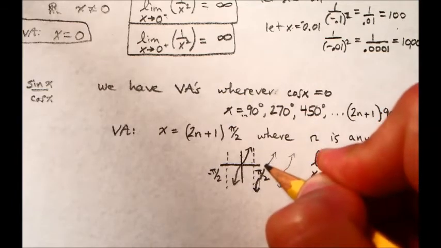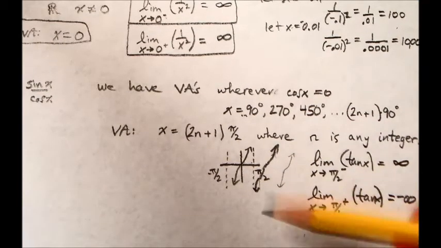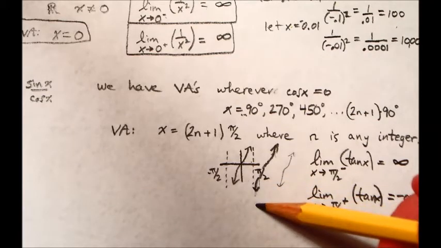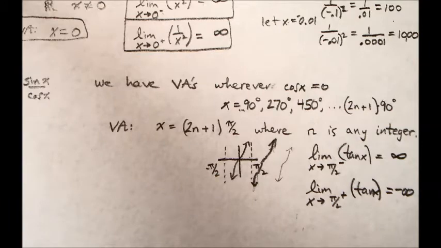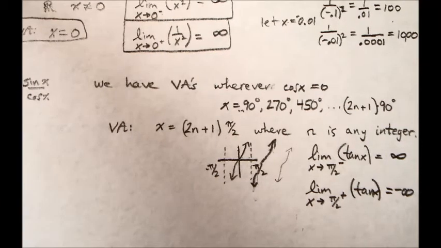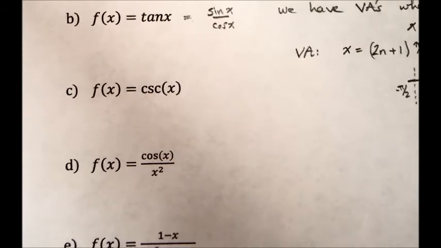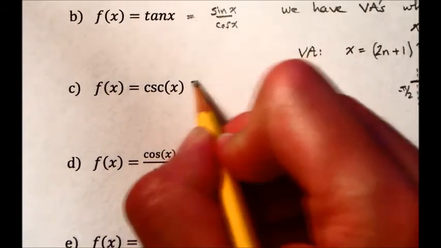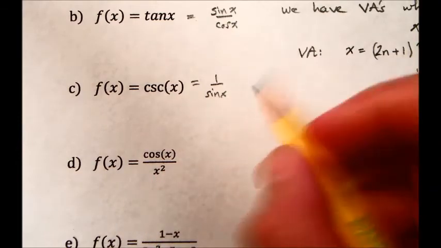Okay, cosecant. Now cosecant by definition is 1 over sine. So we're doing the same argument as before: the vertical asymptotes will be wherever sine x is 0. So vertical asymptotes wherever sine x is equal to 0.